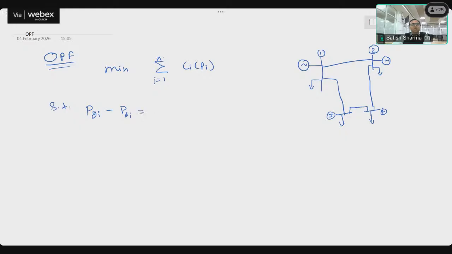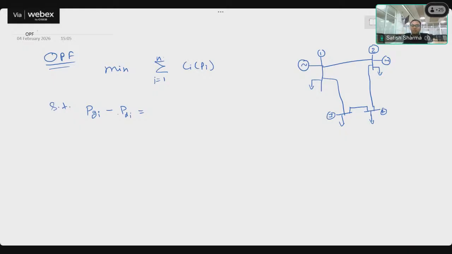So this is the power injection at the ith bus: generation minus demand is injected into the system. If demand is more, then it will become negative, which means we are withdrawing that value. But just to keep everything general, we can say that this PGi minus PDi will be injected into the system.